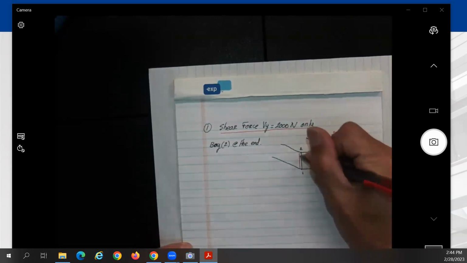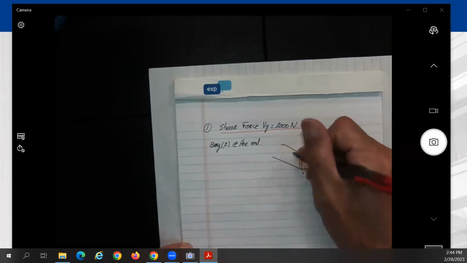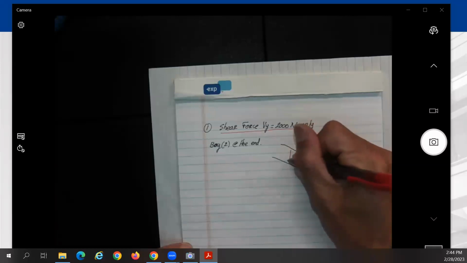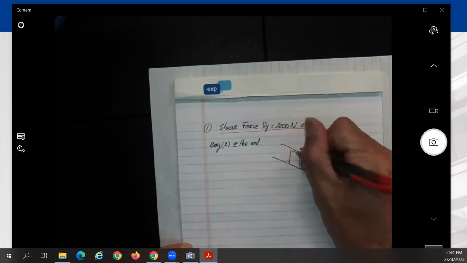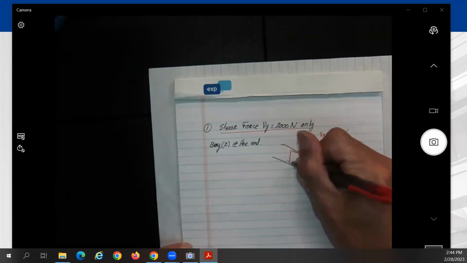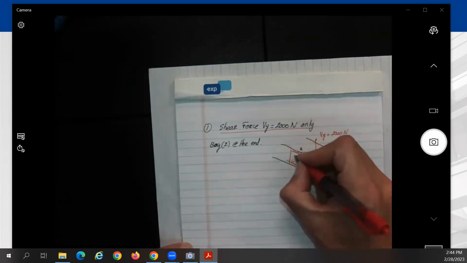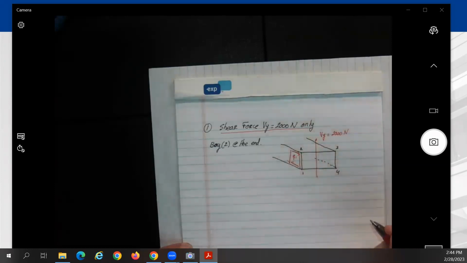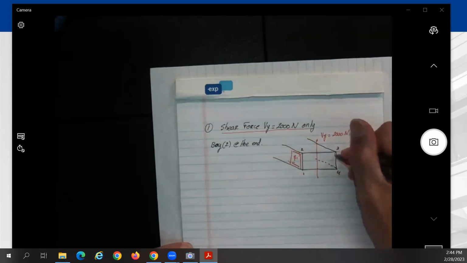If you want, we can say this will be Q. So we can do this one up, down, and this one will go this way, and this one will go the other way. This will be our Q1 on one side, and then you will have something similar on the other side.